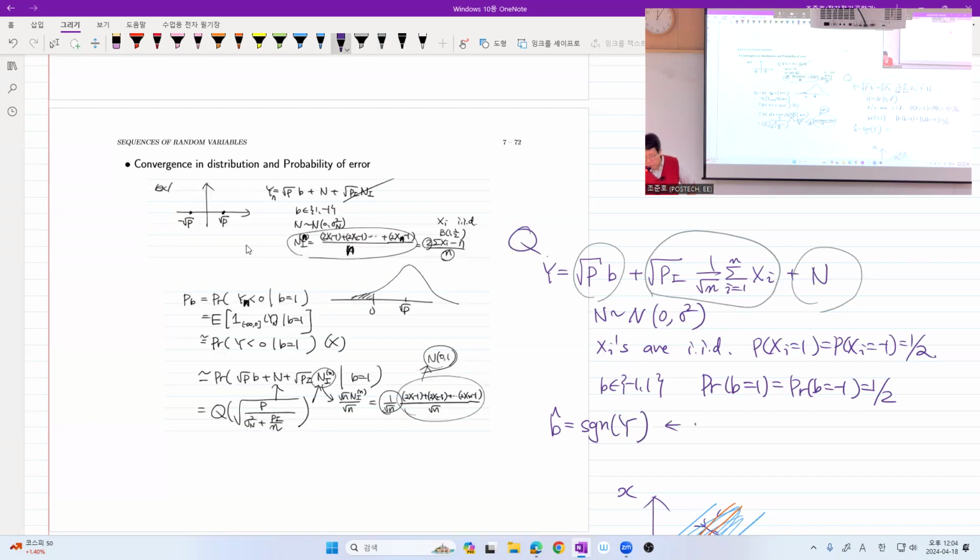This is your receiver, and you want to find the probability of bit error of that receiver. So you want to compute this probability.